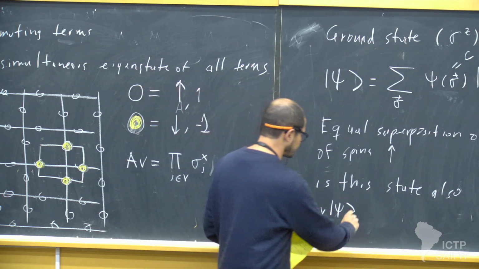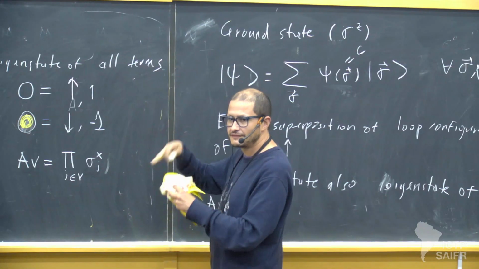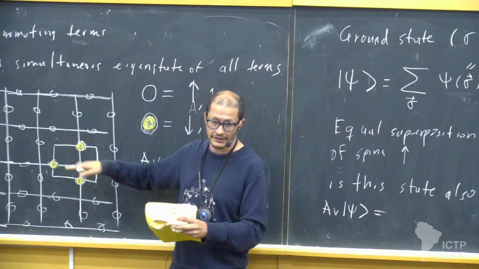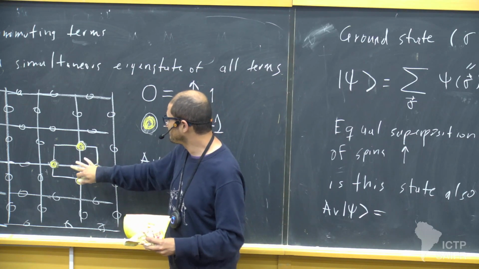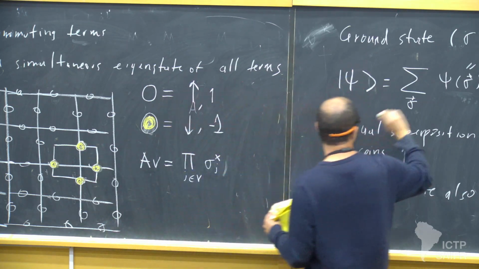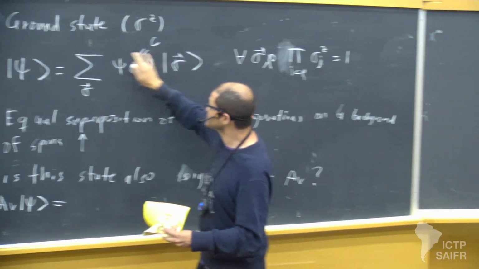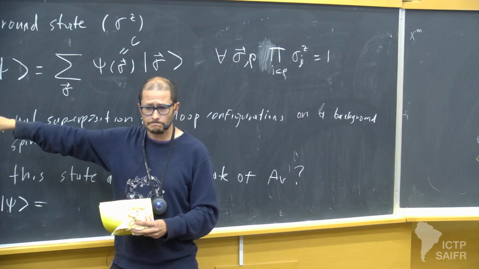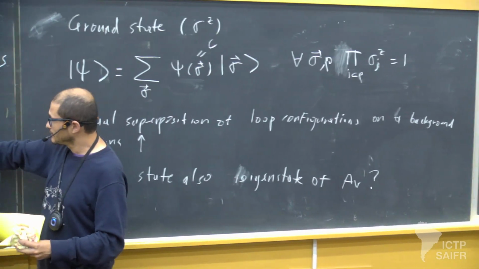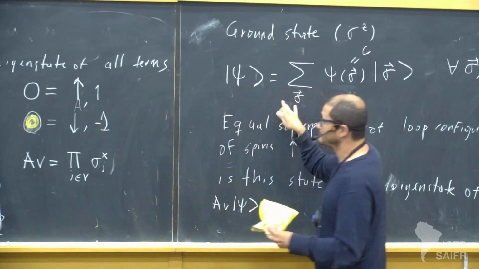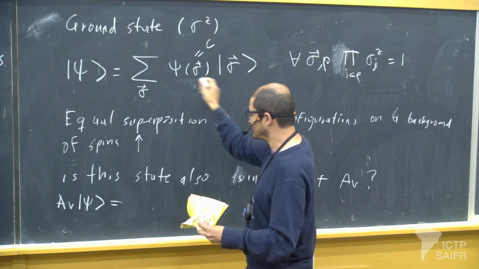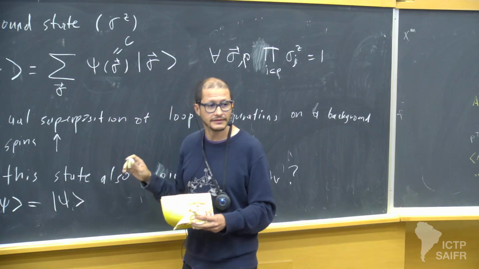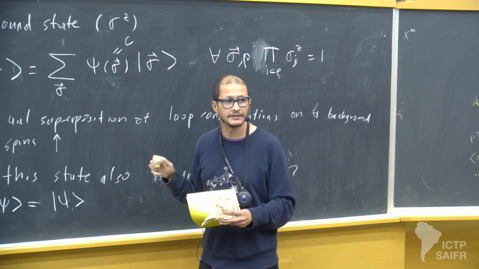If you look at this slowly, you'll see that as long as the wave function is constant for all the configurations that look like this, then you'll get the same wave function back.